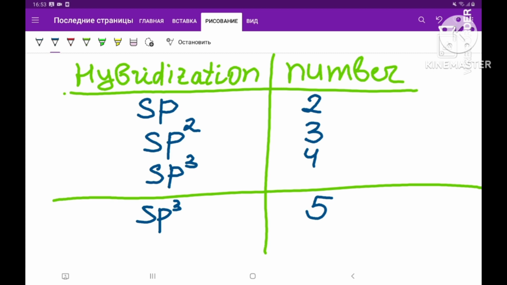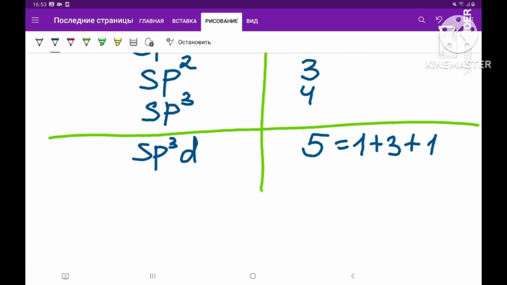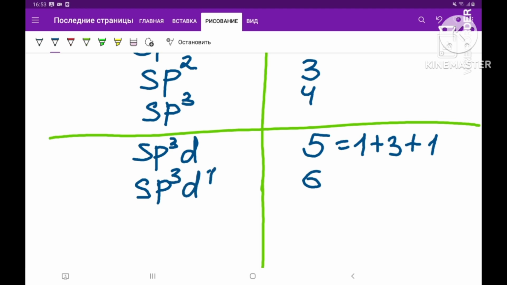So sp3 is overall 4, but we have 5. What should we write for the 5th one? 1 plus 3, sp3, and the one will be D, sp3d hybridization. If it's 6, it will be sp3d2, sp3d3, etc.